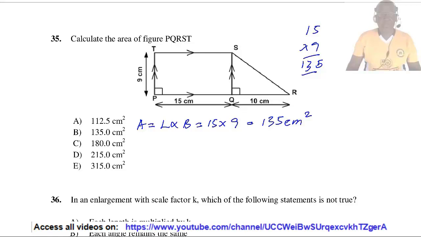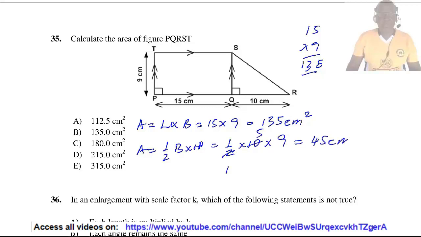Now the area of the triangle equals half base times height. Half, the base is 10 and the height is 9. 2 goes into 10 five times, so 45 centimeters squared. 135 plus 45 equals 180 centimeters squared. So the answer is C.